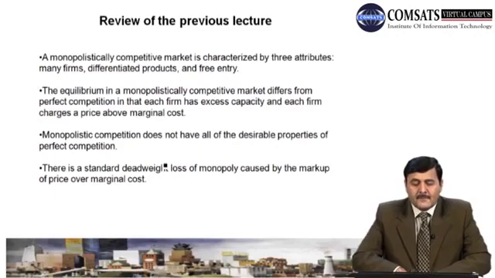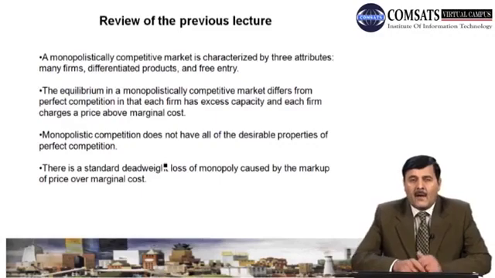And we have also discussed that the equilibrium in a monopolistic competitive market differs from the perfect competition market in that each firm has an excess capacity in case of monopolistic competition, which is not the case in perfect competition, and each firm charges a higher price than the price charged by firms in a perfectly competitive market.